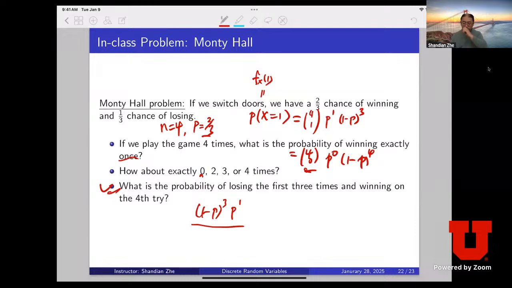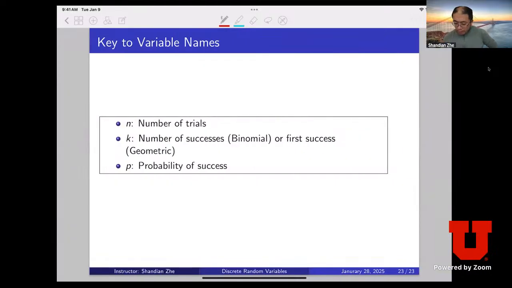Great. Hopefully this in-class practice will be very helpful for you to understand those definitions and also our homework problems. So so far we talk about this Bernoulli experiment and repeated Bernoulli experiments, namely binomial distribution and also the geometric distribution, right? So there are some key notations worth your attention. First we need to specify the number of trials, which are usually denoted as n.